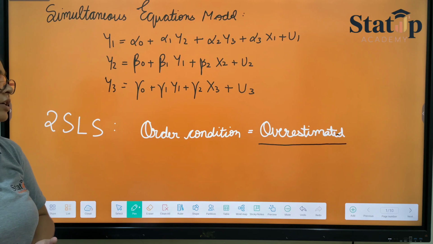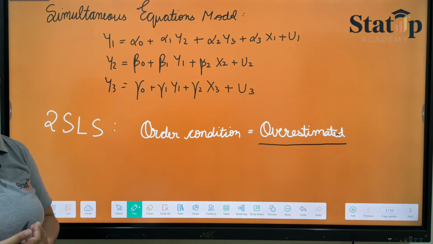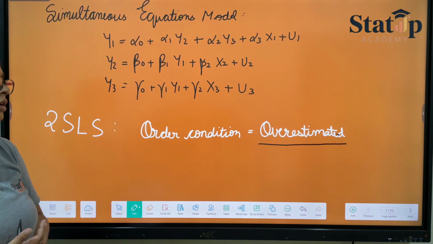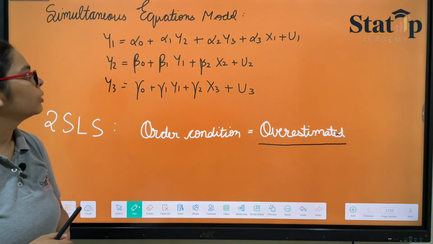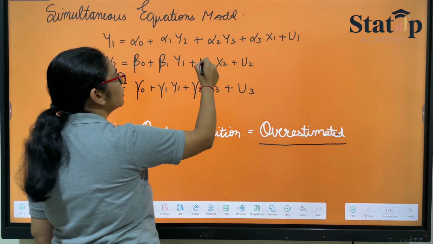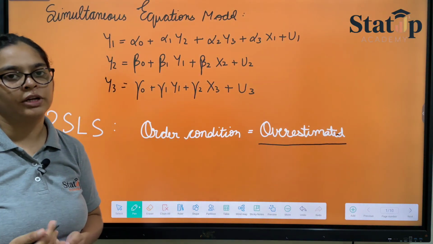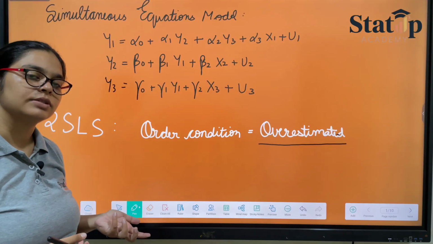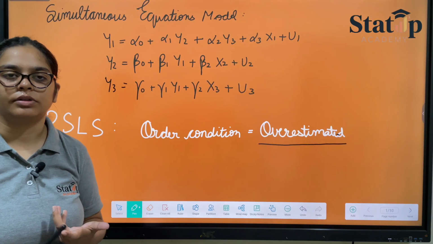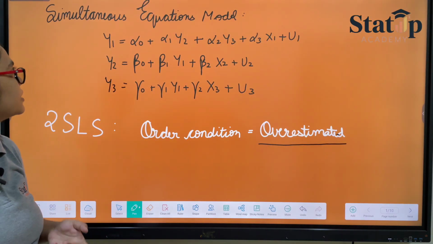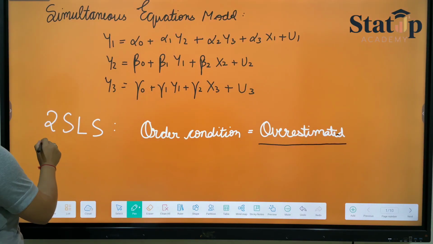But if the order condition is exactly identifiable, then we don't need the 2SLS method. It will be directly solved by the simple OLS method. So this was our 2SLS method.